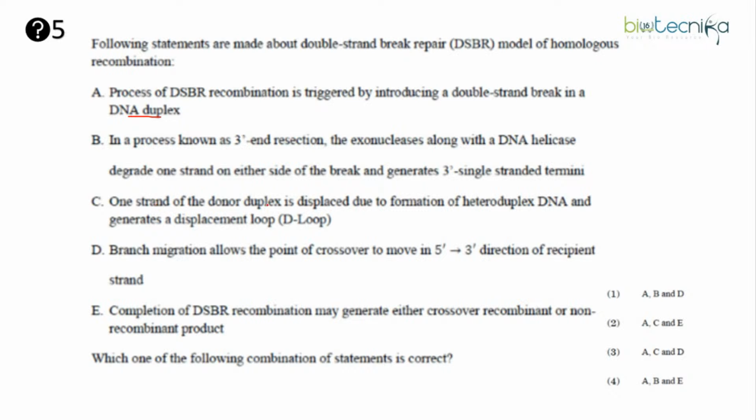One strand of the donor duplex is displaced due to formation of heteroduplex DNA and generates a displacement D loop. Branch migration allows the point of crossover to move in 5' to 3' direction of recipient strand. Completion of DSBR recombination may generate either crossover recombinant or non-recombinant product. So which one of the following combinations of statements is correct?